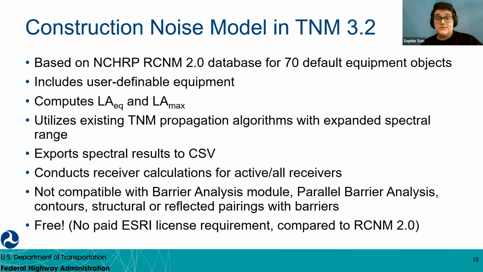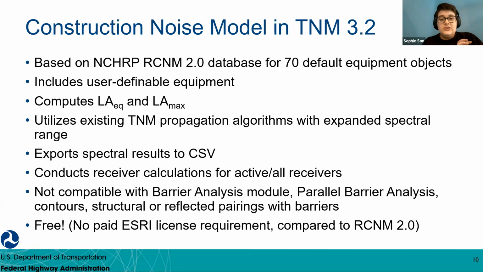LAEQ functionality is a little different than what we're used to for roadway noise, since we're not defined by the policy of that 1 hour LAEQ. You can designate whatever averaging duration you choose for your LAEQ construction noise computations, and the LA max is a new metric specific to construction noise only.